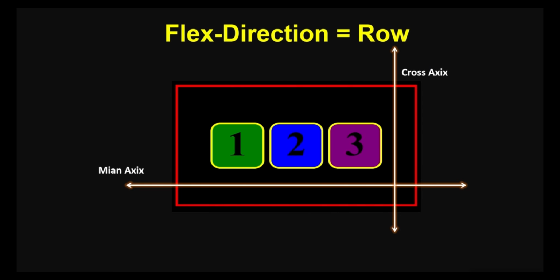In each Flexbox direction, we have 2 axes: one is the main axis and the other is the cross axis. Very simple. If the direction is row, this horizontal axis will be the main axis and the vertical axis will be the cross axis.